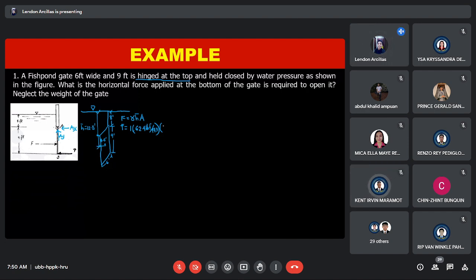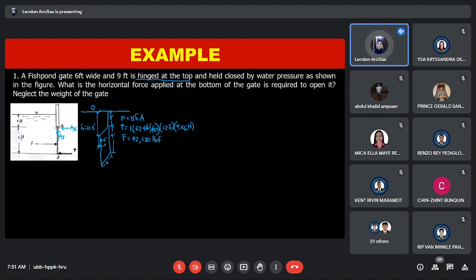Opo. 12.5 times area ng rectangle, that is 9 times 6 feet. So ating hydrostatic force is 42,120 pound force. Yun. So ito yung pagsosolve ng ating hydrostatic force.